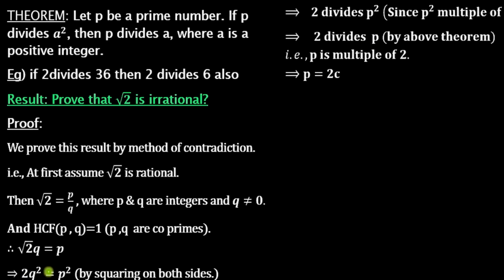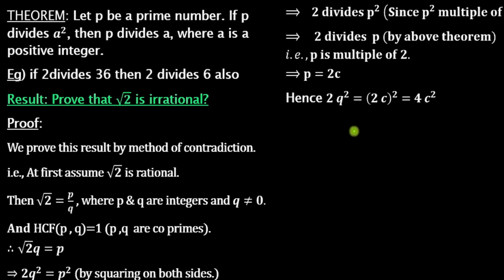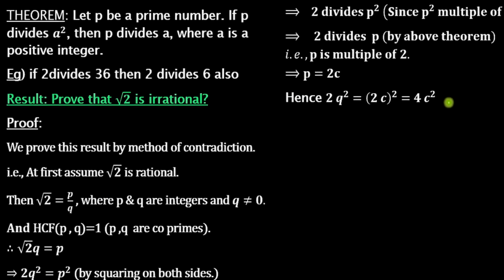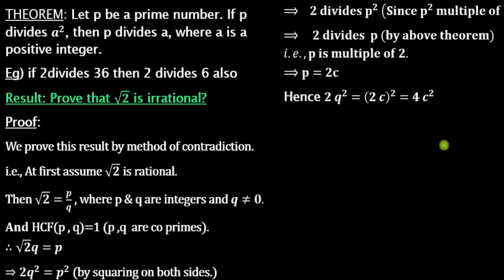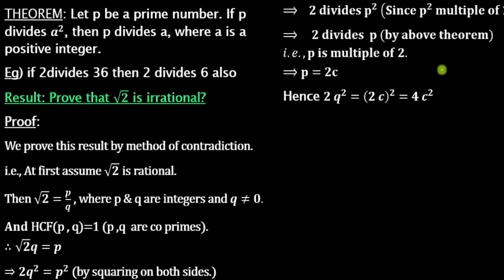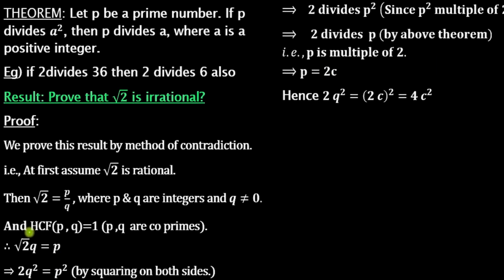Then if p equals 2c, we apply that result here. Then p square equals 2c whole square. Then 2q square equals 4c square. Here p square is transformed into 4c square, and now cancelling 2s on both sides, we get q square equals 2c square.